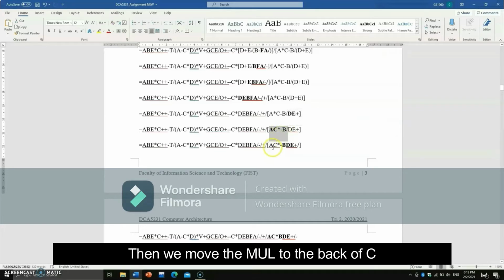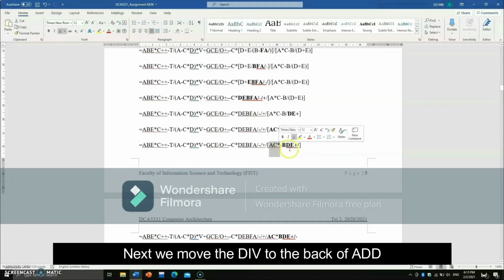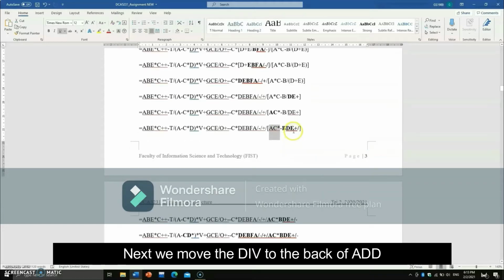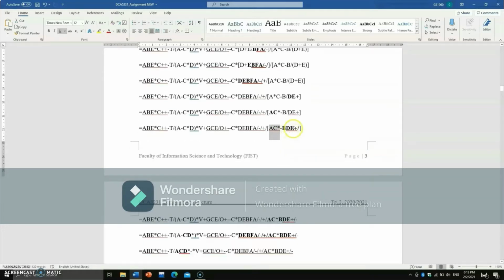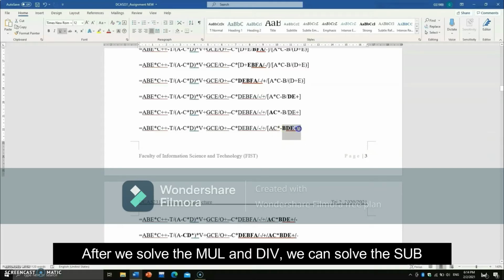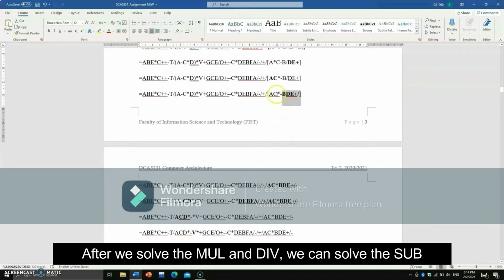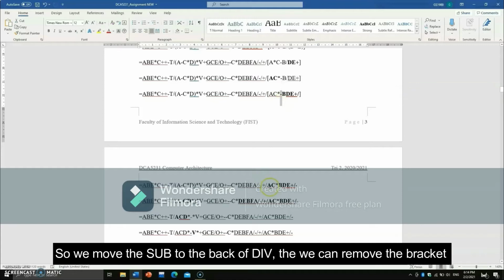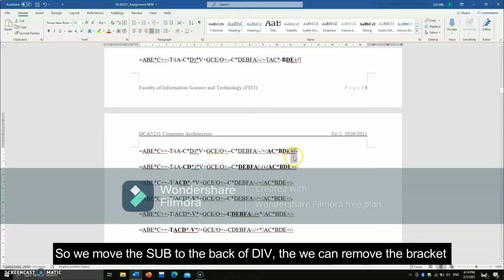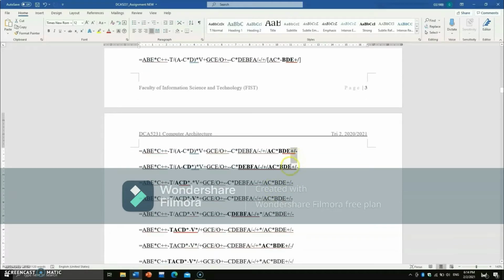Then we move the multiply to the back of C. And next we move the divide to the back of add. After we solve the multiply and divide, we can solve the subtract. So we move the subtract to the back of divide. Then we can remove the bracket.